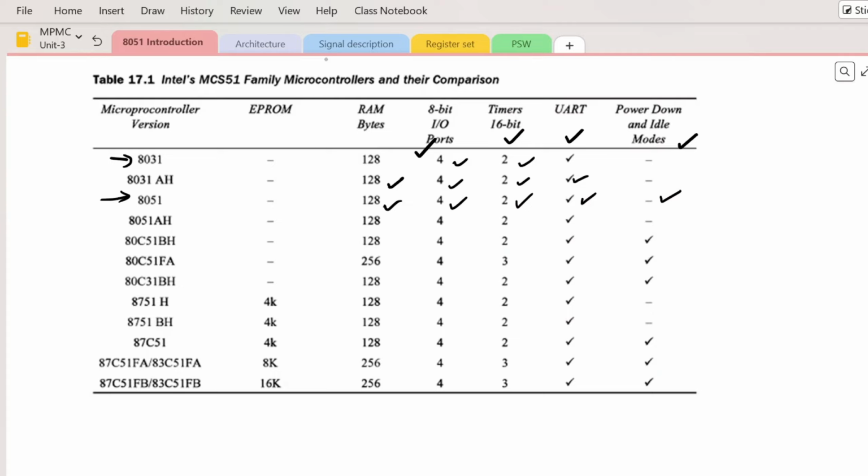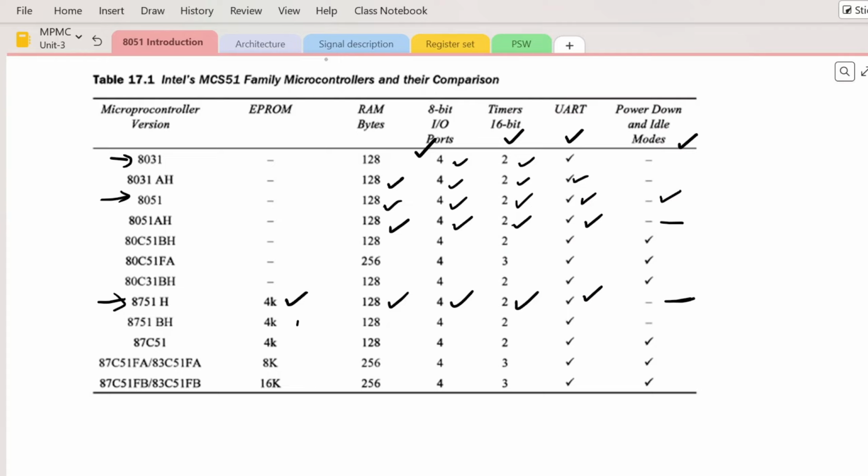This also has 128 bytes of RAM, 4 8-bit IO ports, 2 16-bit timers, UART is available, and no power saving mode. And the on-chip EEPROM starts at the version 8751. In this we have an on-chip EEPROM of 4K and 128 bytes of RAM, 4 8-bit IO ports, 2 16-bit timers, and UART is available but no power saving mode.